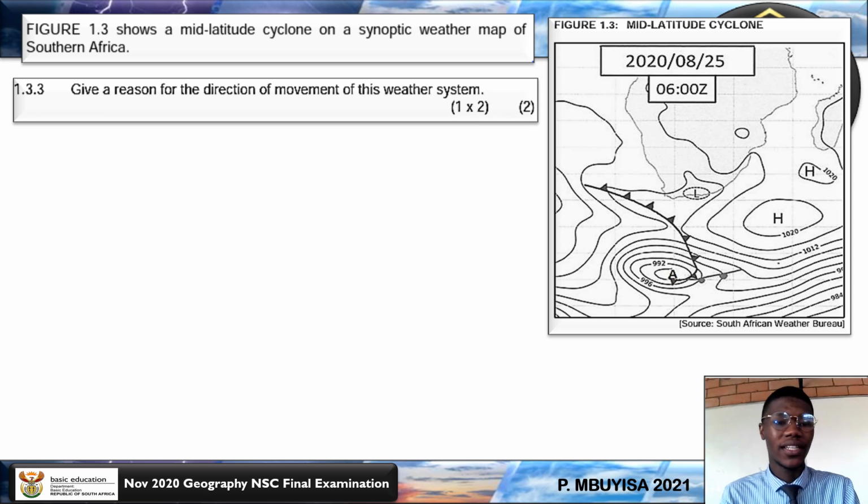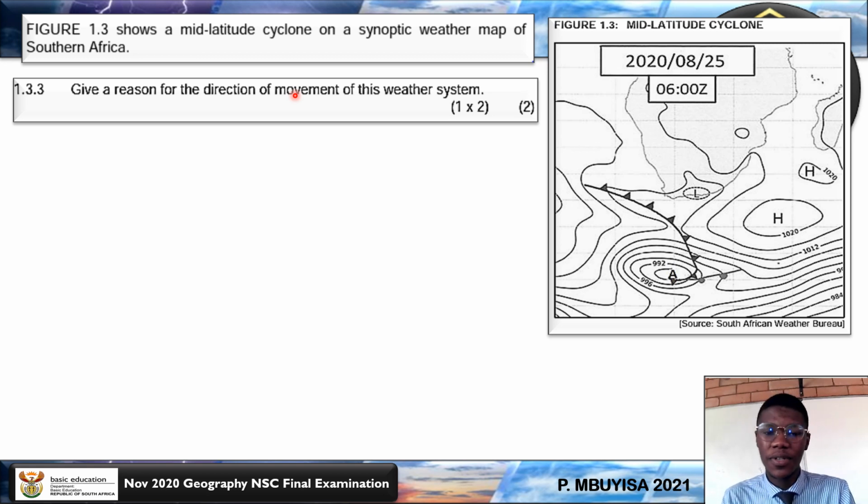Question number 1.3.3. Give a reason for the direction of movement of this weather system. So remember guys, there's a difference between circulation and movement. Here we are looking at the direction of movement, not the circulation.